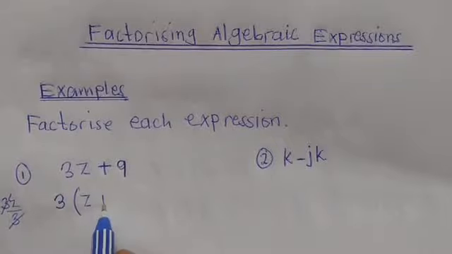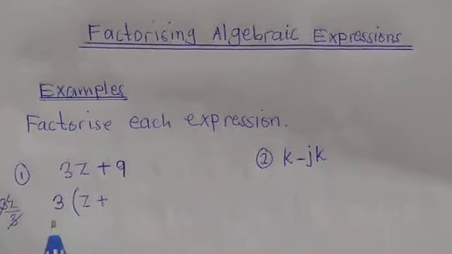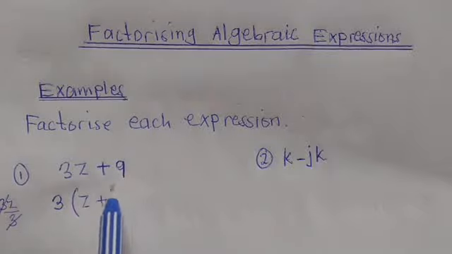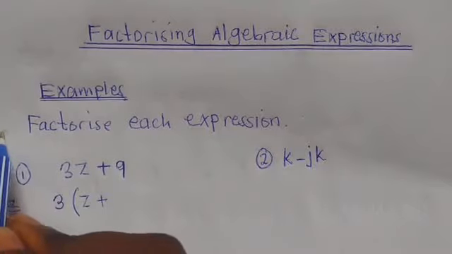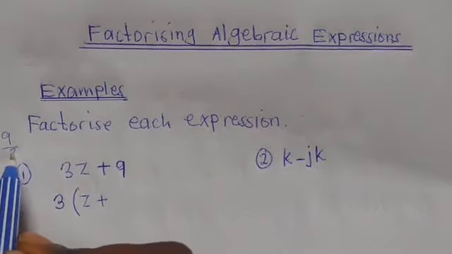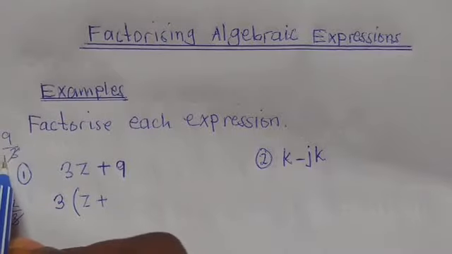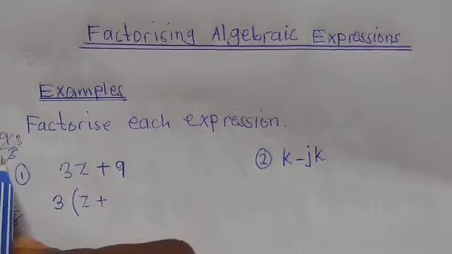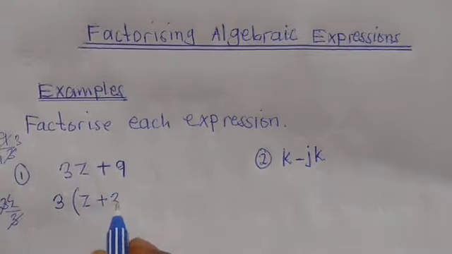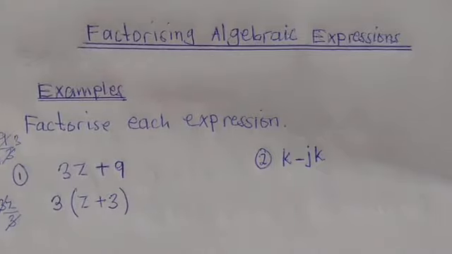You put it there. Plus, you do the same. Here you have a 9, here you have a 3. You divide again, where you write 9 divided by a 3. So 3 into 9, it's a 3.